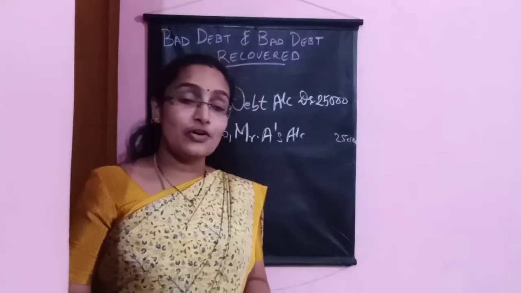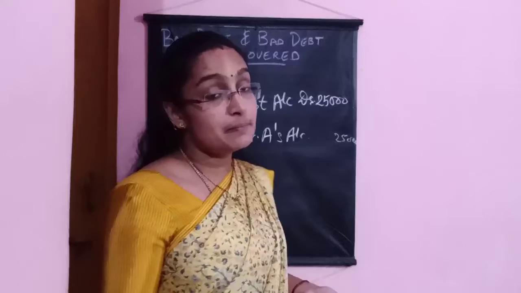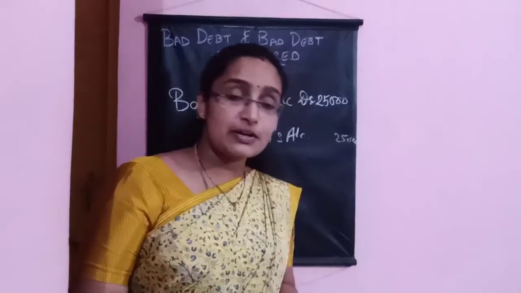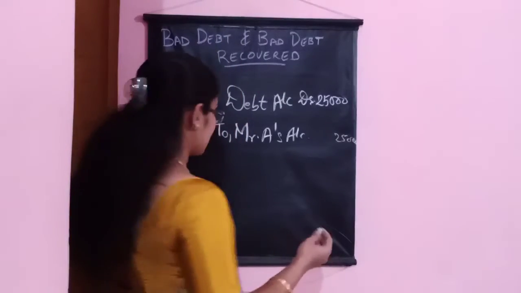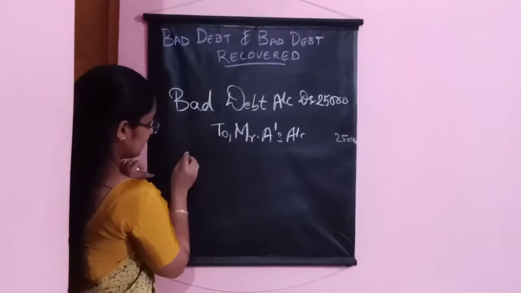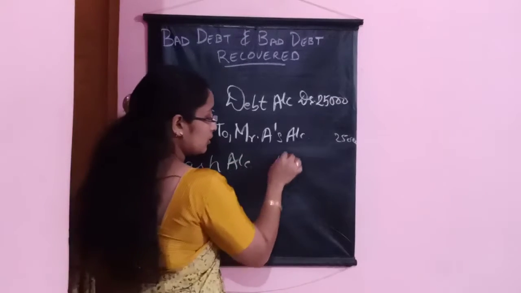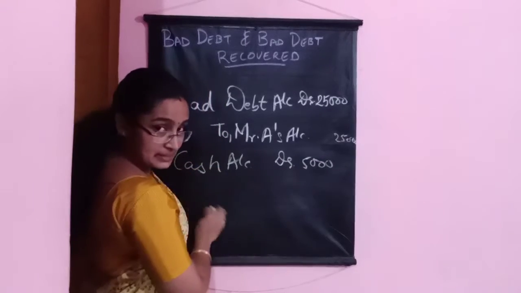So the entry for the transaction where Mr. A has become insolvent and only 5,000 can be recovered from him on the credit sales done by us: we will get cash of rupees 5,000 from him, so the cash account will be debited.